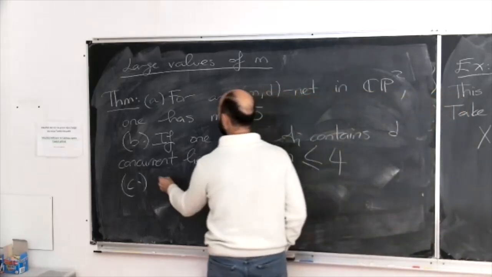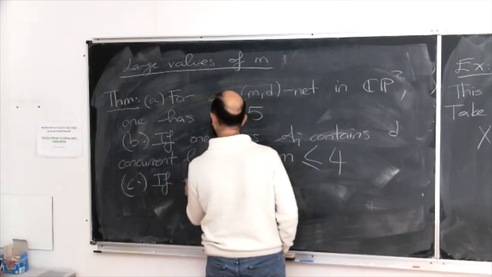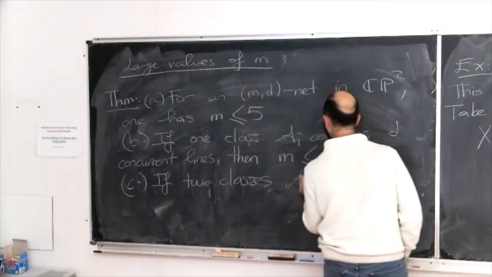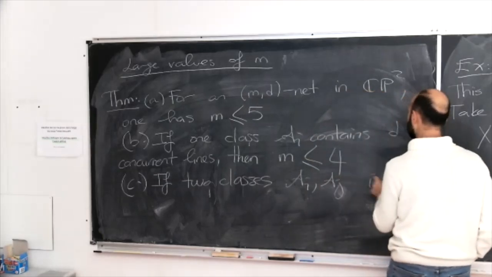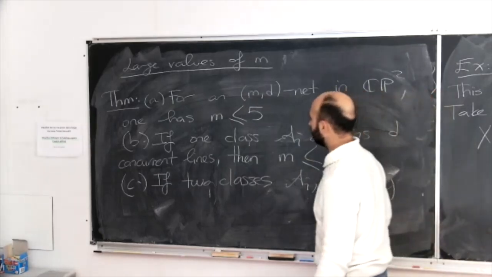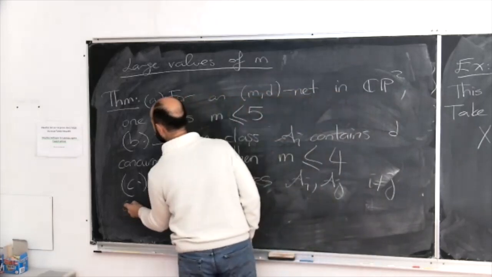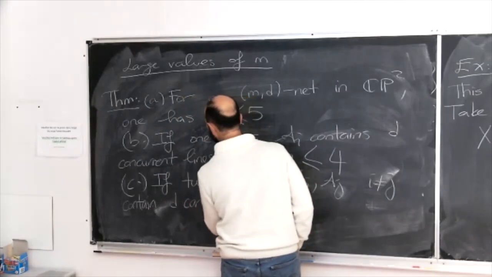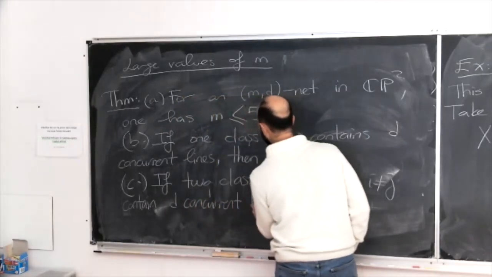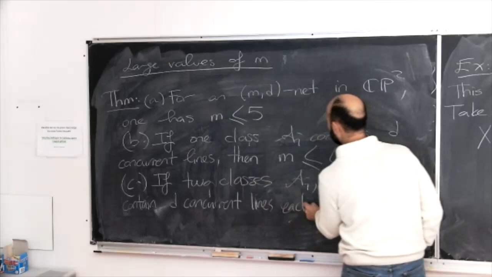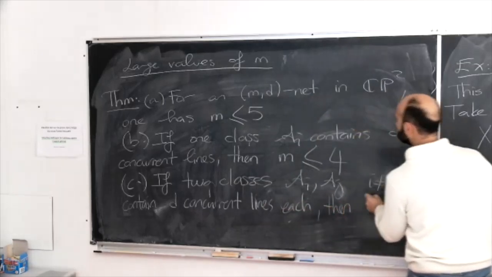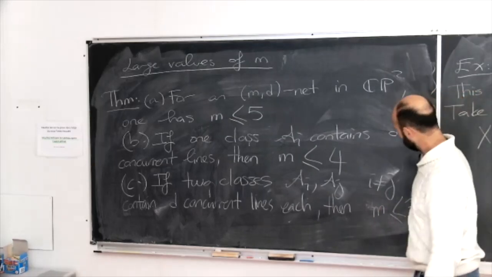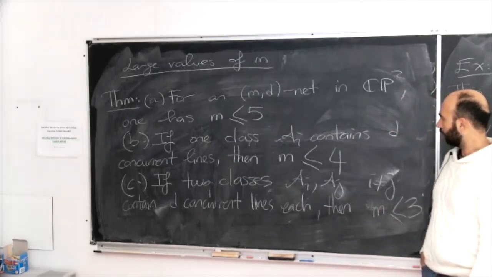So if two classes A_i, A_j contain d concurrent lines each, then m must be less than or equal to 3.